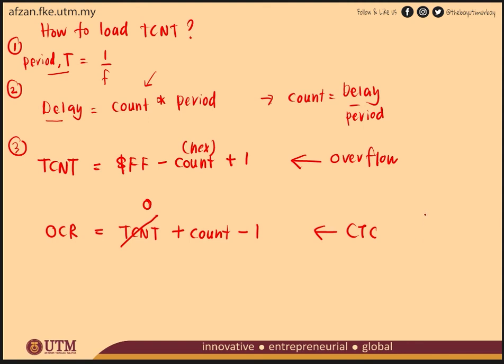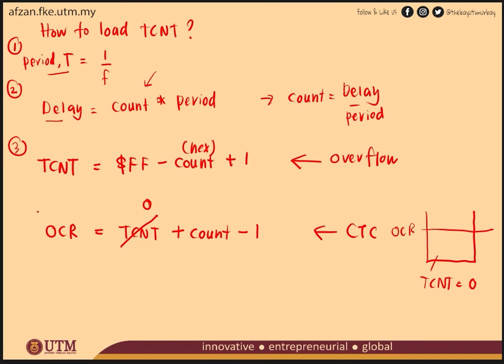Recall your water bottle for the CTC. What happened for your bottle? What is the initial value of your bottle? You need to make it empty, which is your TCNT should be 0, and then you put your OCR, which is your level.